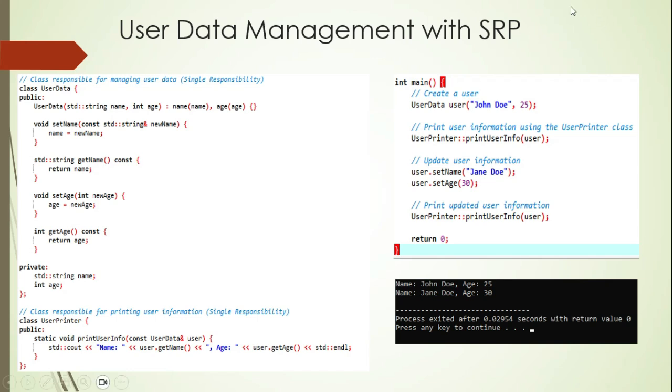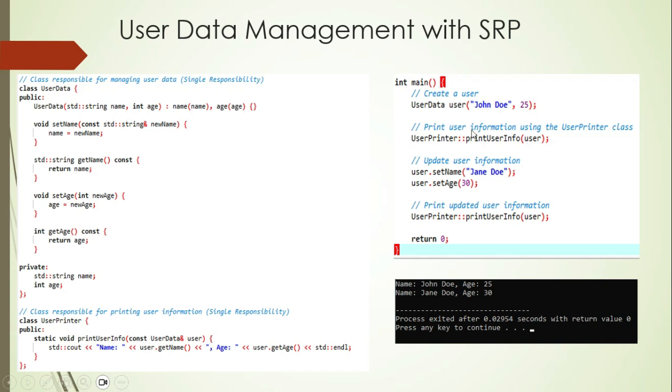This means when this object is created, the constructor will be automatically called. It is the specialty of a constructor that whenever an object of this class is created, it is automatically called, and this name will come to this variable name, and this age, which is 25, will come here.